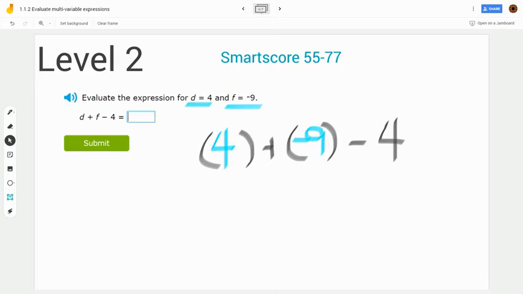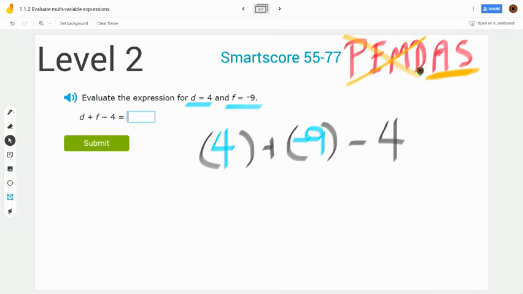And we can just add this, so remember the order of operations, PEMDAS. So all we have in this problem is addition, subtraction. So we can skip all the rest of this for right now. And since addition and subtraction are on the same level, we just go from left to right, kind of like you're reading. So this addition comes before the subtraction, so we'll do the addition first.